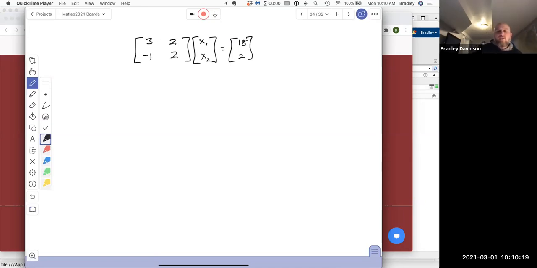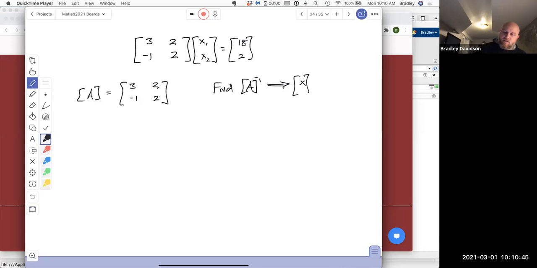So in the AX is equal to B form, our A matrix is 3, 2, negative 1, 2. We want to find the inverse of A so that we can left multiply that times B to get our solution. Then X is equal to A inverse times B.